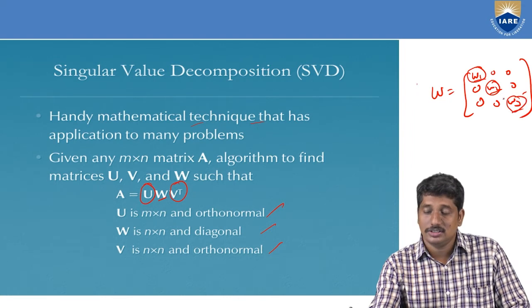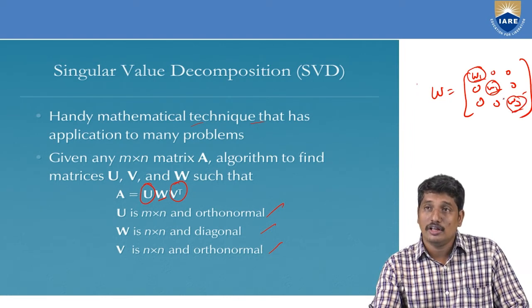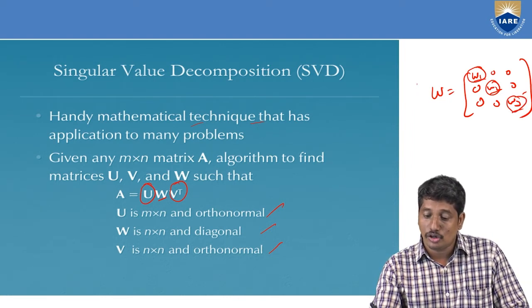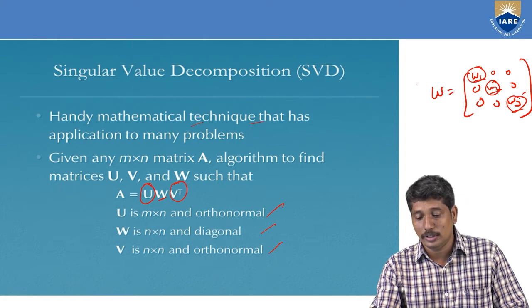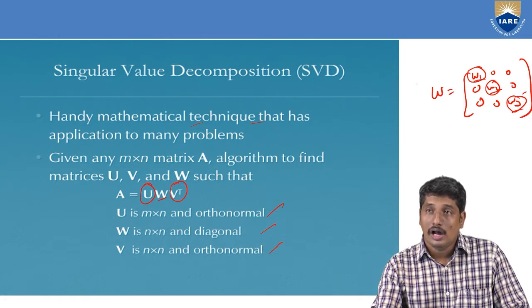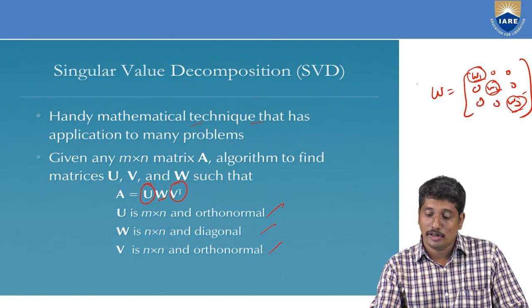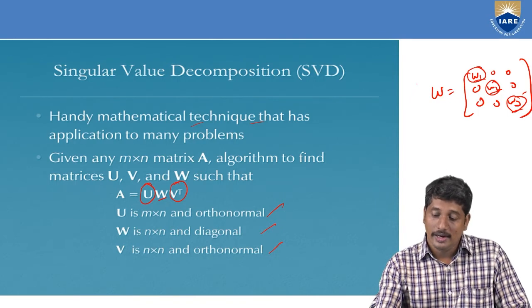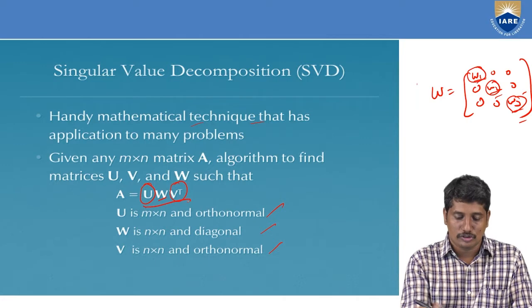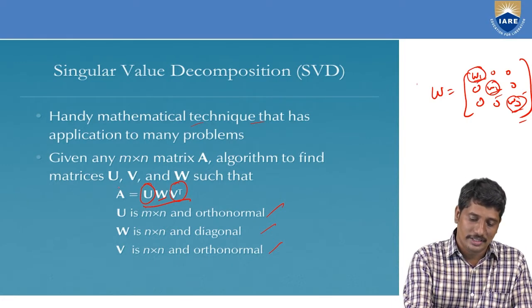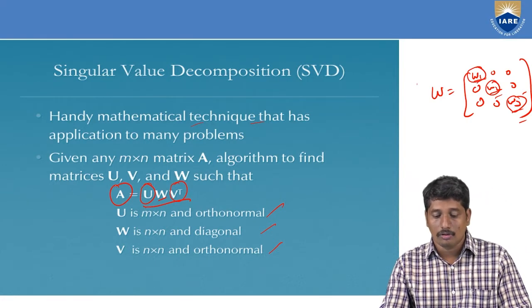The diagonal elements in W are called singular values, and they are either positive or 0, but cannot be negative. So W1, W2, and so on up to Wn are either positive or 0, and hence this decomposition is called singular value decomposition of the matrix A.